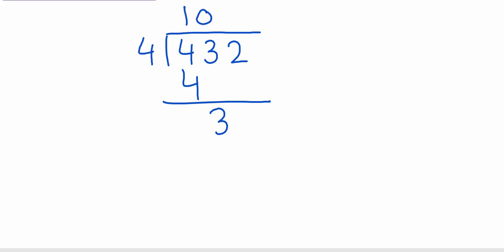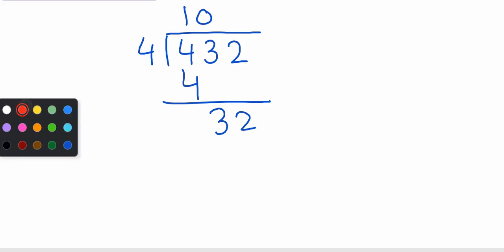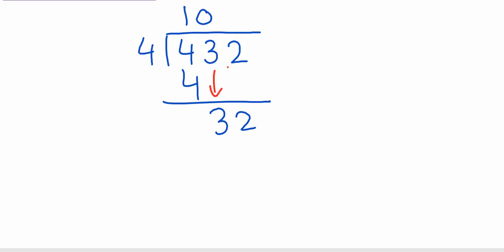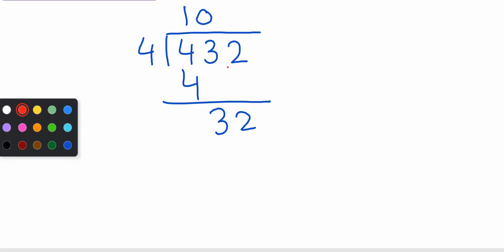You will put a 0 when you have to take 2 digits down at the same time in the same step. I am repeating, when you are taking 2 digits down in the same step, then you will put a 0 in the quotient.